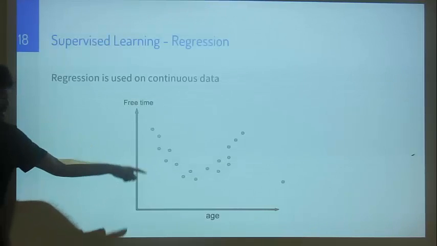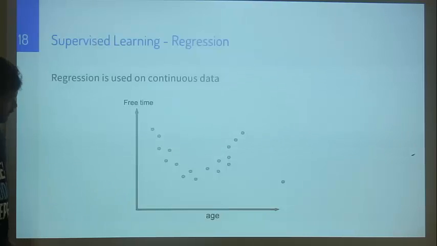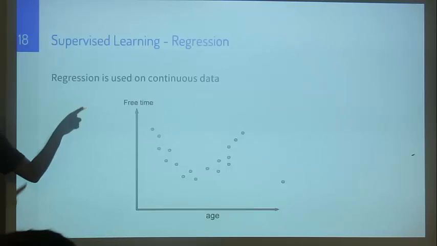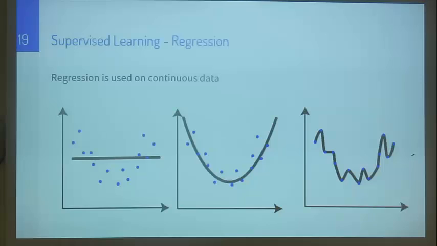So given a new person with their age, we can predict their free time, right? So what we need to do is find a line or a curve that fits this data set, because it's a regression problem. We are not classifying, right? We are trying to find a data point, right?